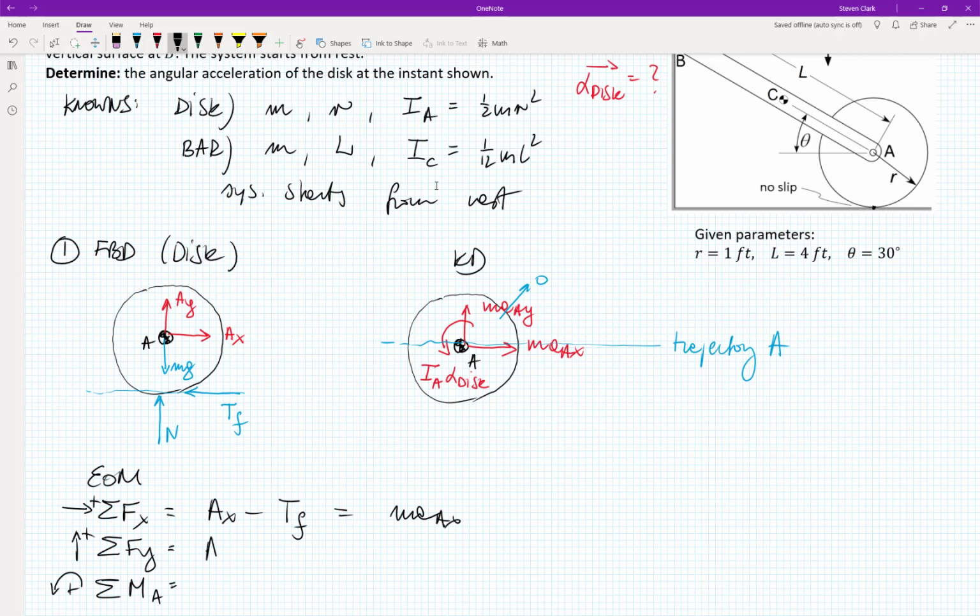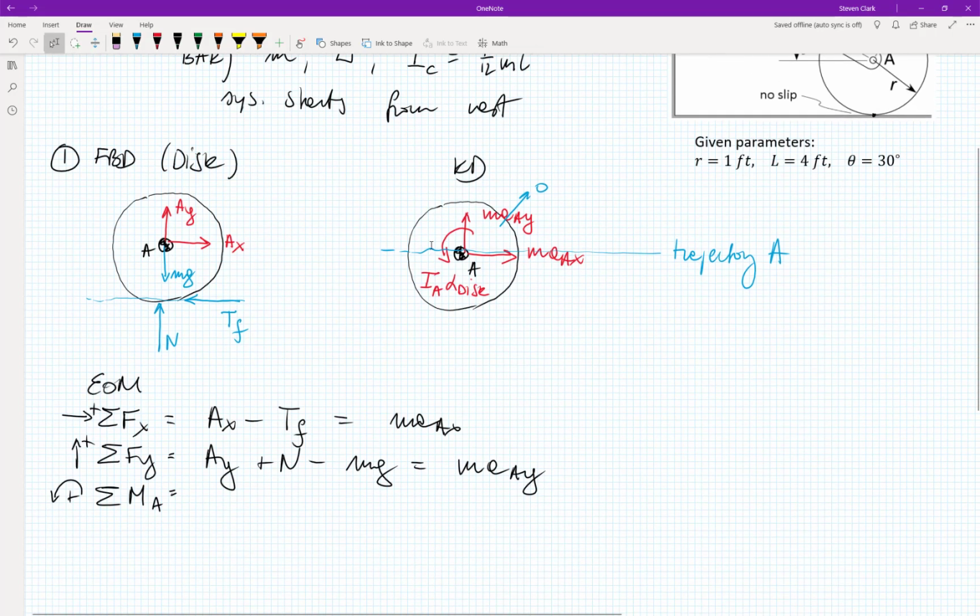We have there Ay plus N minus mg, and this is equal to m a_Ay. And now moments. I think that there is only one force rotating our body, which is Tf. Tf times r, and this is negative, so it will be minus here. And this is equal to I_A alpha disk.